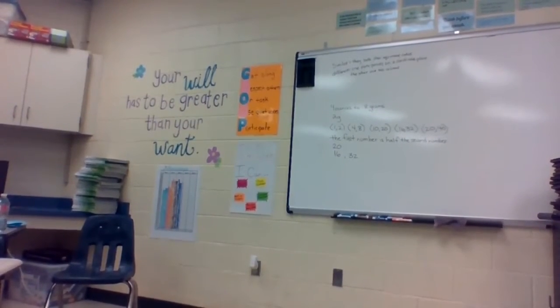What about the baskets he missed to the baskets he made? 3 to 2. What about the total to the baskets he made? 5 to 2. Okay, that's all a ratio is, right?